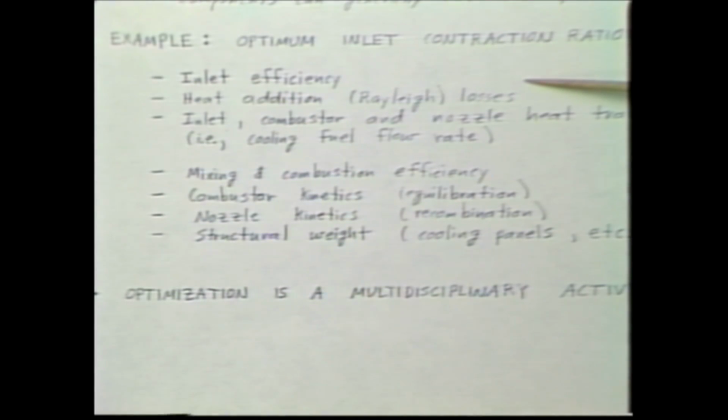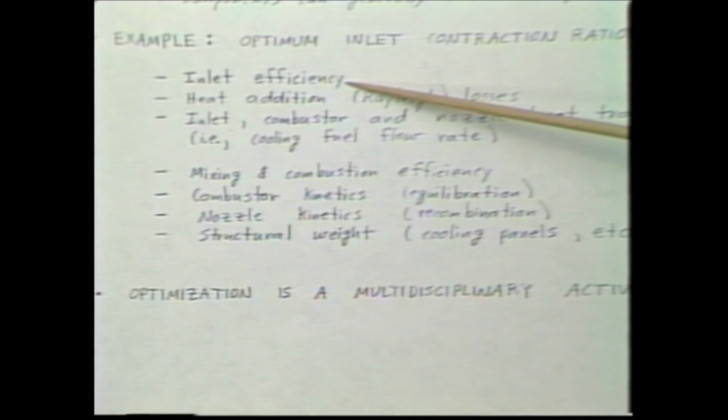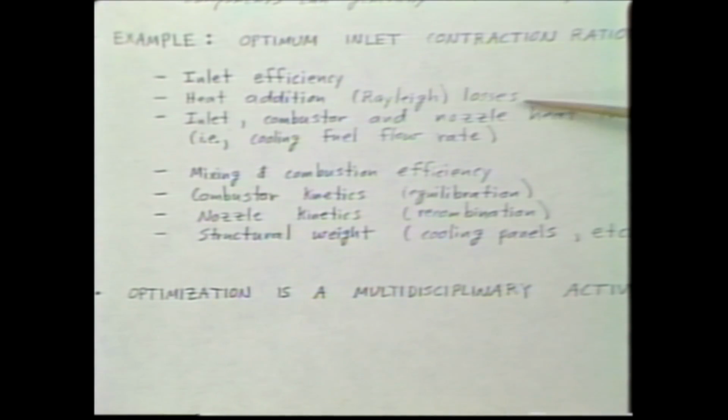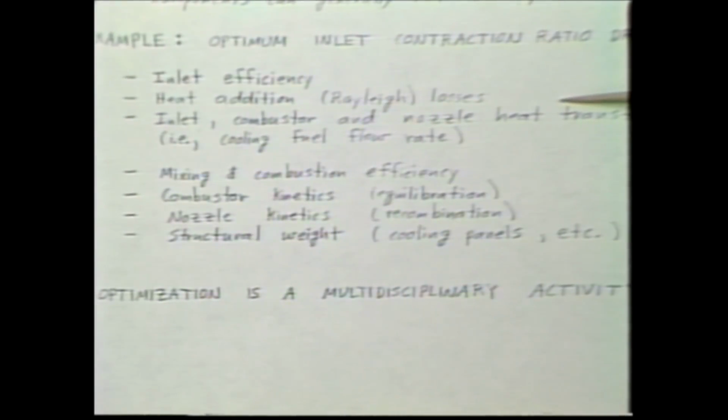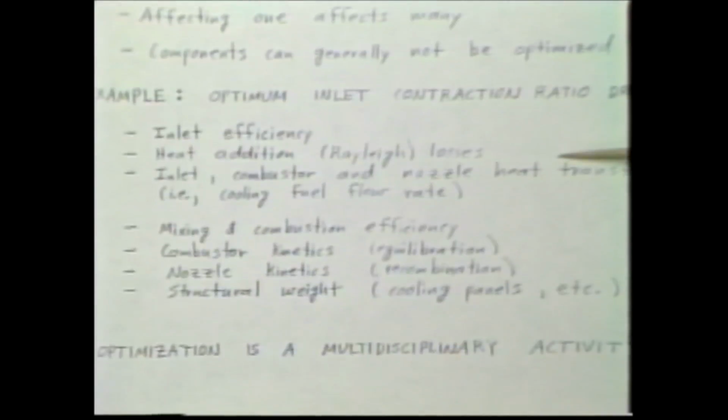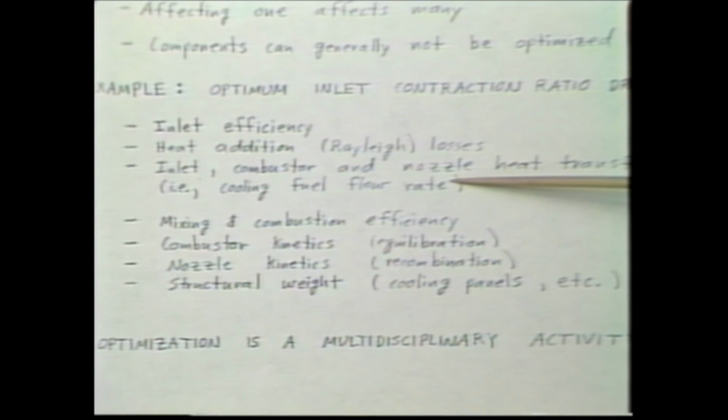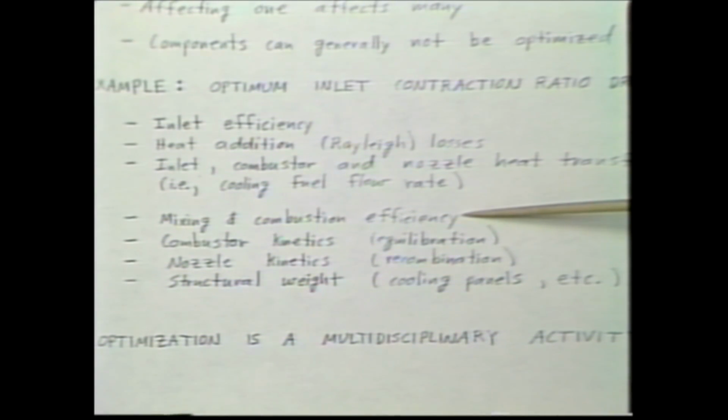A good example is contraction ratio. The optimum contraction ratio, the amount that you squeeze the air down, remember it's the ratio of areas between what it is in the free stream, what it is at the throat, is a function of the inlet efficiency, the Rayleigh losses, heat addition losses, inlet combustor and nozzle heat transfer, which is increased by increasing contraction ratio, therefore the cooling requirements, mixing and combustion efficiency.